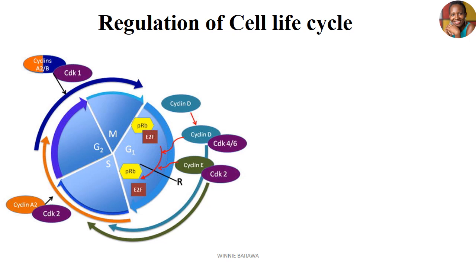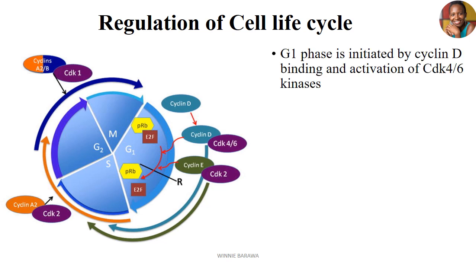So here again, this is just an explanatory slide which gives more explanation. For example, what happens in G1? We are told the G1 phase is initiated by cyclin Ds binding and activation of CDK4/6 kinases. So we have cyclin D that is going to bind to CDK4 and 6 kinases, giving us a complex that we call cyclin D-CDK4/6 complex that is going now to initiate the cell cycle at G1.